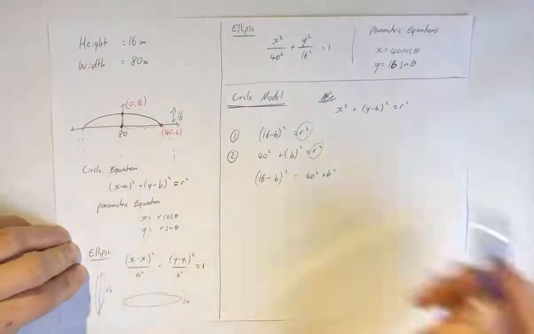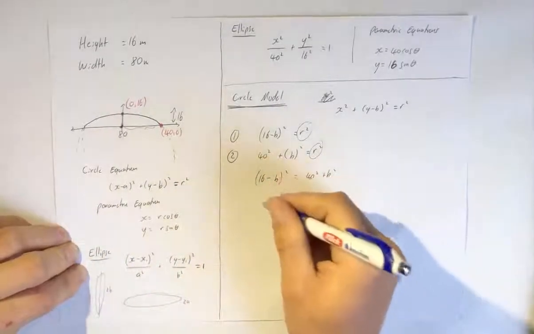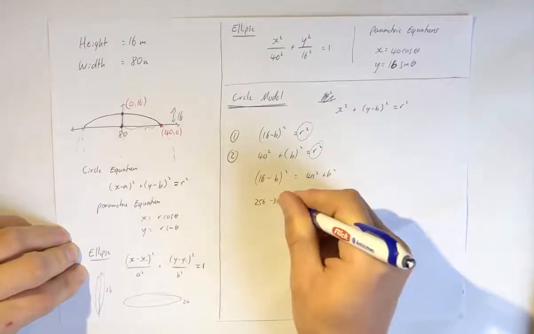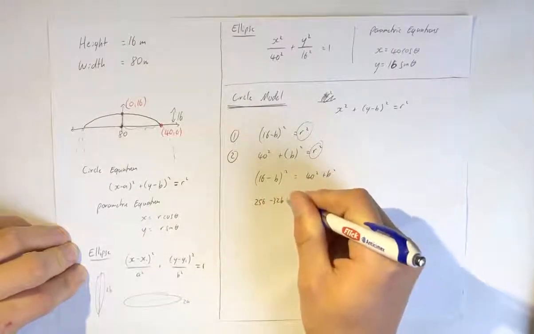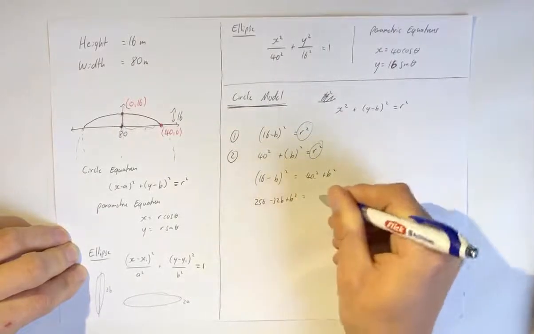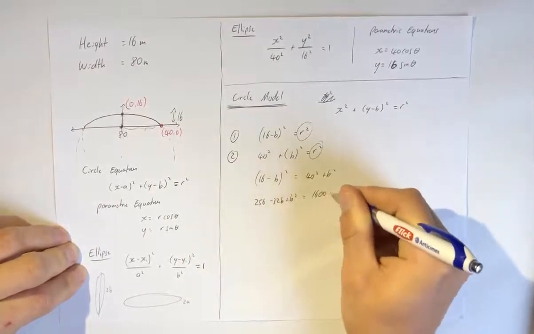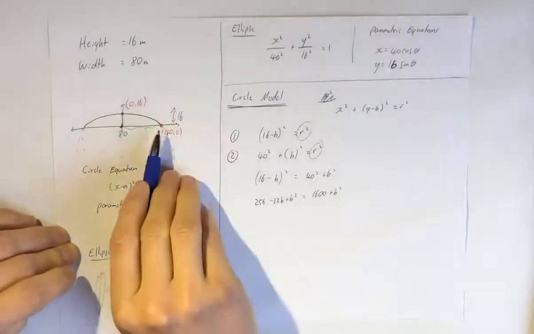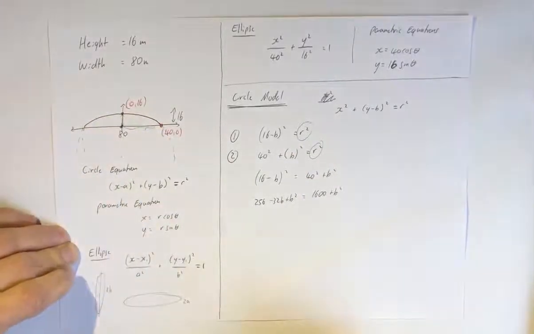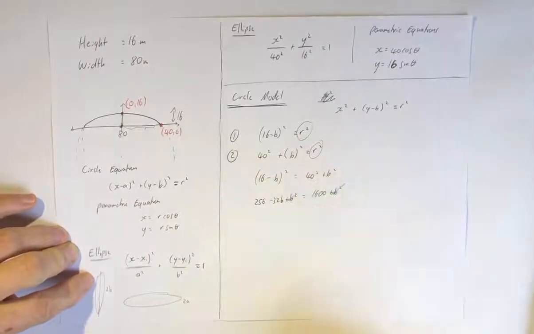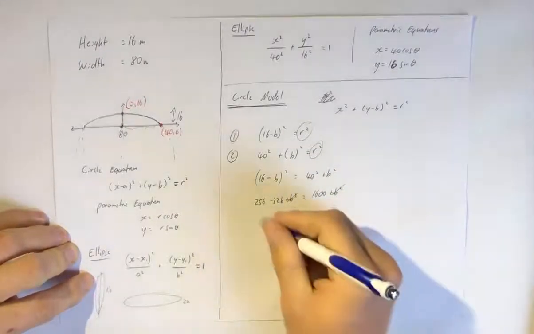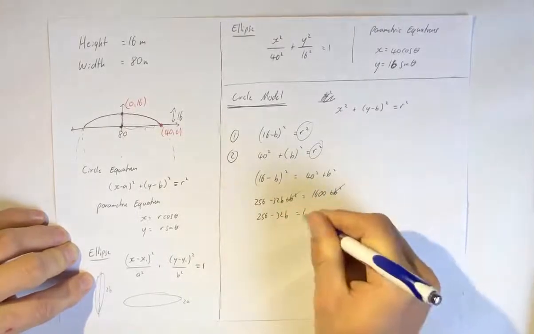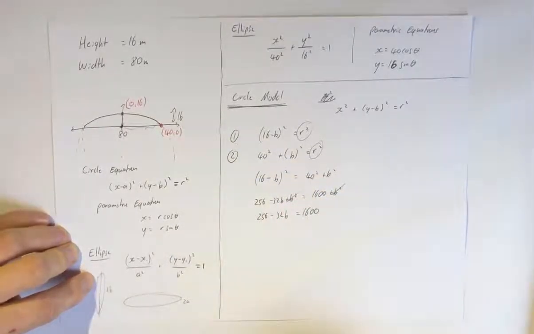So let's expand and simplify this whole thing. So 16 squared, I think, is 256 minus 32b plus b squared is equal to 1600 plus b squared. And this is the beautiful thing about using coordinates that lie on the axes. These b squareds are going to cancel, and I'm left with 256 minus 32b is 1600.